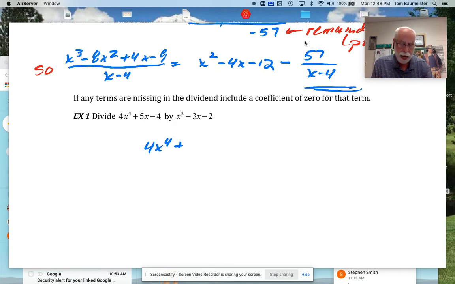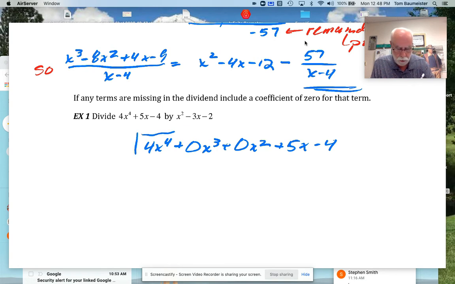Again, I don't have an x cubed term, but I need to put a 0 there. I don't have an x squared term, so I'm going to put a 0 there. Then I'll have plus 5x minus 4. All of that we are dividing by x squared minus 3x minus 2.